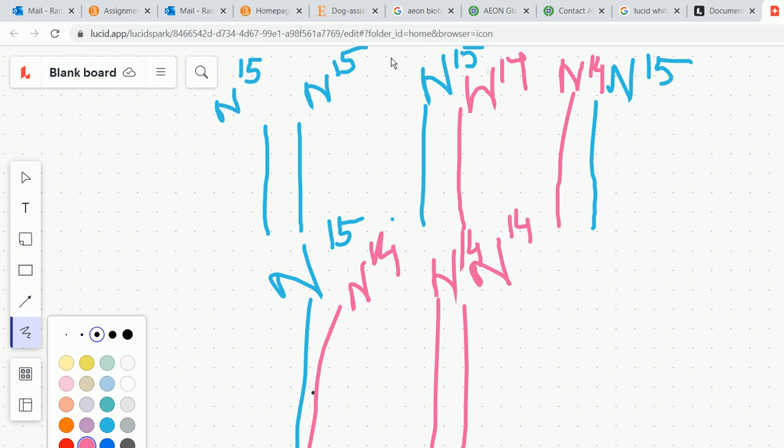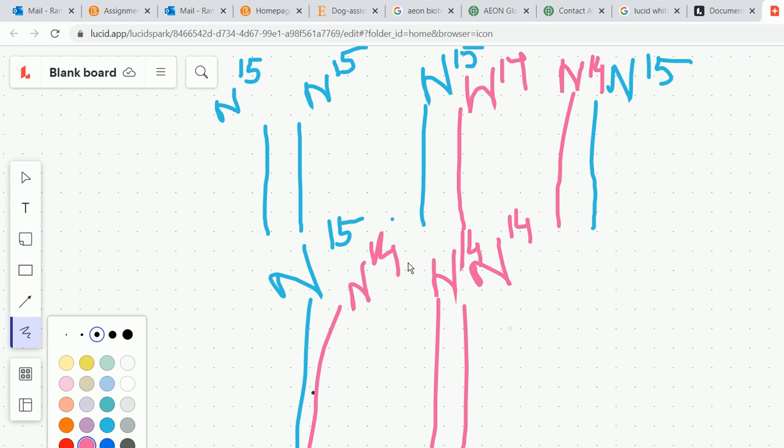So in the second cycle of replication, when this molecule is going to make its copy, these two kinds of DNA molecules will be formed. This molecule has one strand with nitrogen 15, the second strand has nitrogen 14.